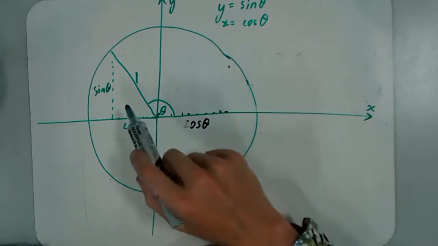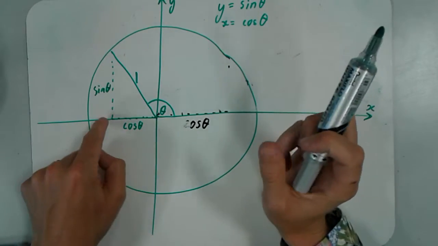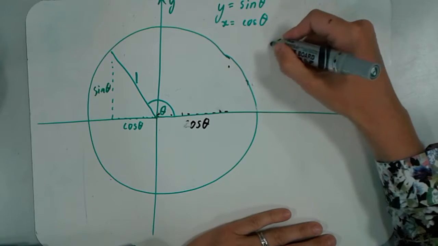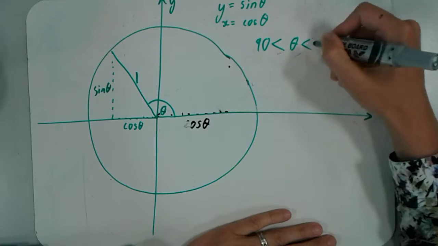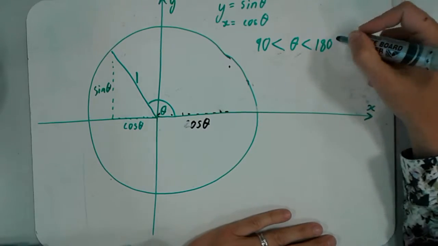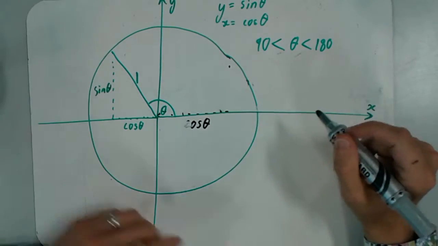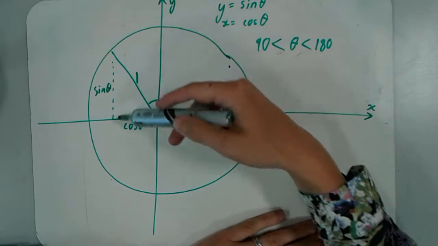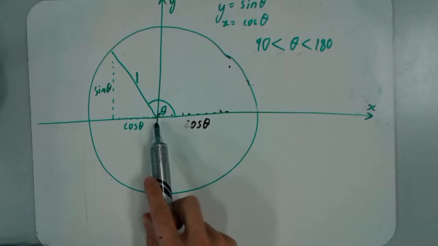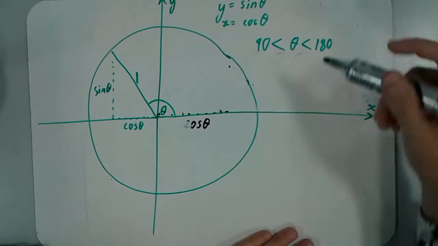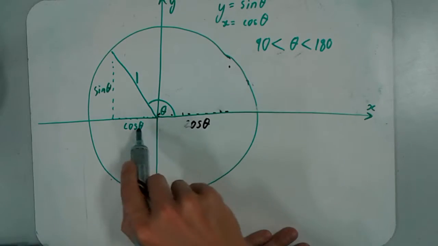But what this tells us is that as we enter this second quadrant, i.e. as theta is between 90 degrees and 180 degrees, sine of theta will still be positive. We've still gone up on the y-axis. However, cos theta will now become negative. It will be less than 0.